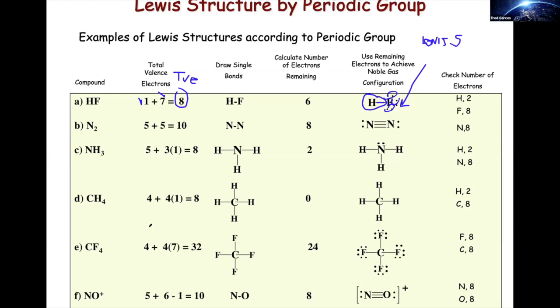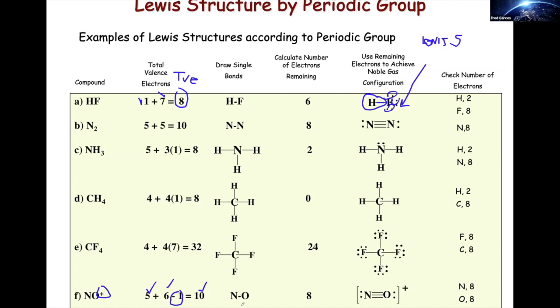Let's go to a more complicated chemical, NO+. Nitrogen comes in with 5, oxygen comes in with 6, but then there's a plus here. Plus means that there is 1 less electron, so we have to subtract 1 from that pool of electrons. Normally, NO would have 11, but because it's plus, it's 1 less electron, for a total of 10.